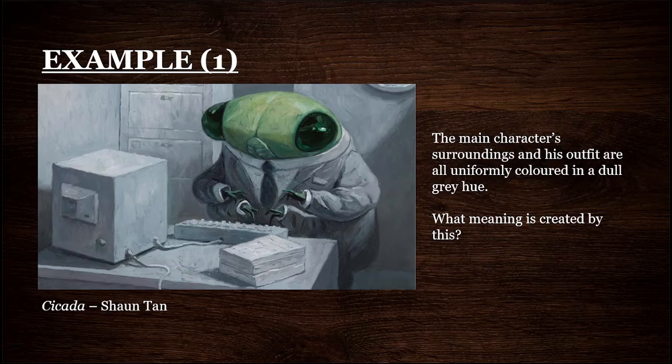So if you think about it, what does this create? It doesn't just mean that he's got a bad fashion sense and that's why he's wearing all grey. It's not because the interior design decorator has a really bad taste in design, and that's why they've painted everything in grey. It's because we associate certain feelings and emotions with the color grey.